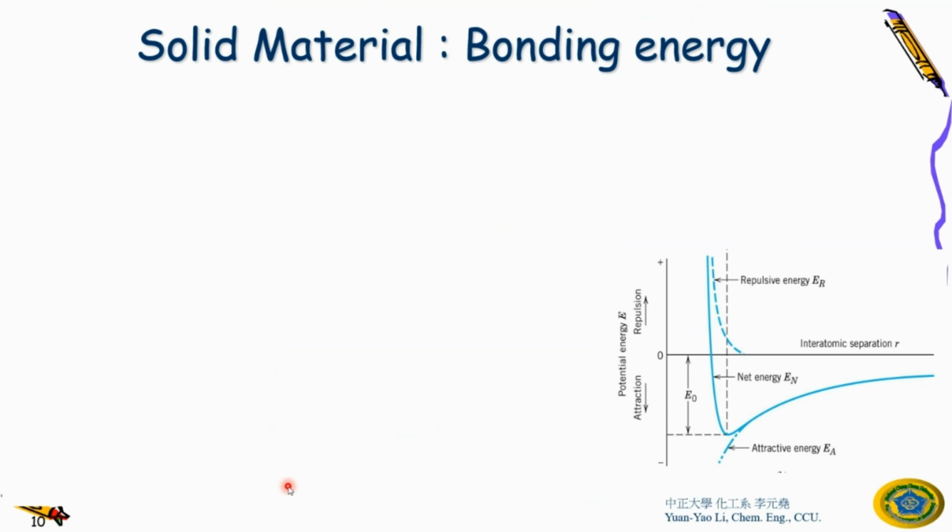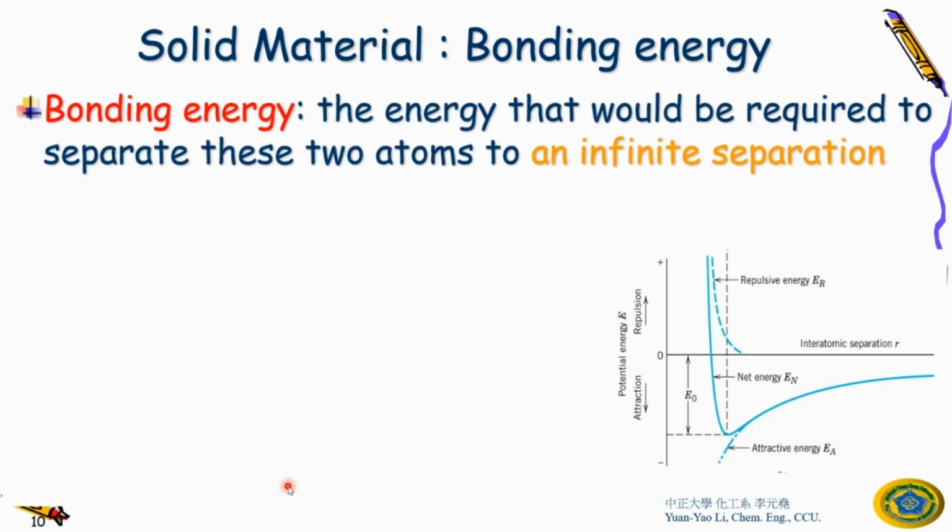How about solid material? Solid material is different because when we talk about bonding energy, we only talk about these two atoms together. But if you have 10 atoms, 100 atoms, 1,000 atoms, these atoms will have interaction with the atoms next to them.